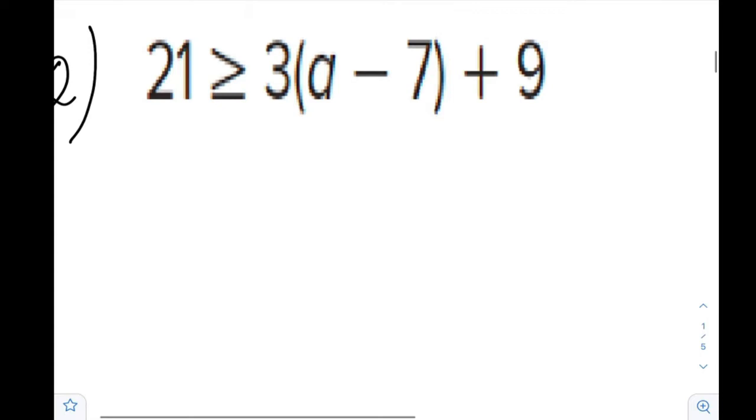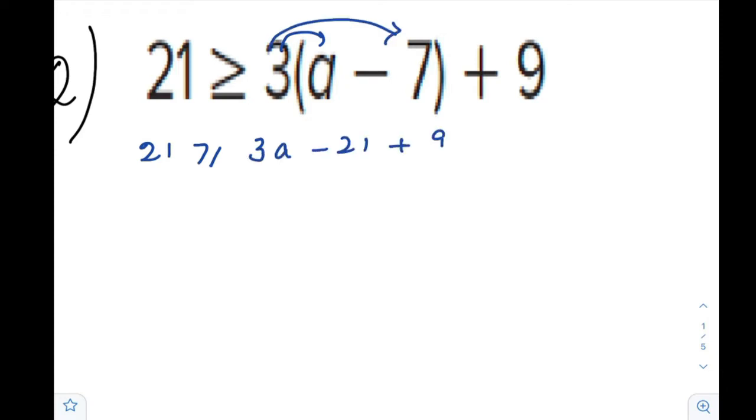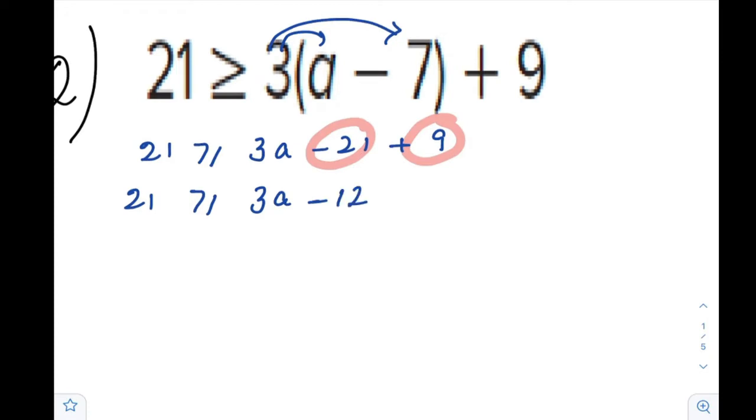As we said, distribute 3 times a, 3a, 3 times negative 7, negative 21, plus 9. Let's combine all like terms. We have here negative 21 and plus 9. So it will be negative 12, right?